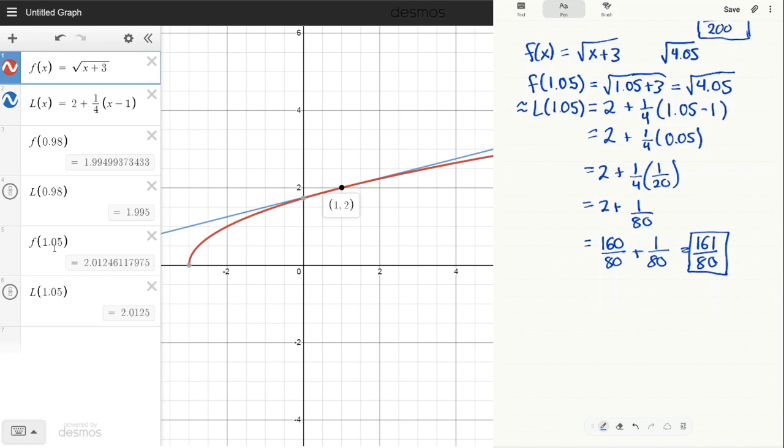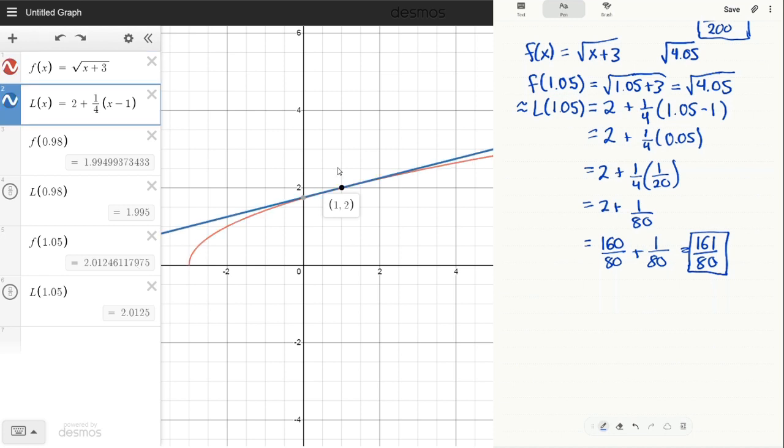And so we can use the linearization to approximate this value. So we evaluate the function L at 1.05, then the approximation is going to be 2.0125. And again, we notice that this is a fairly good approximation to the exact value.